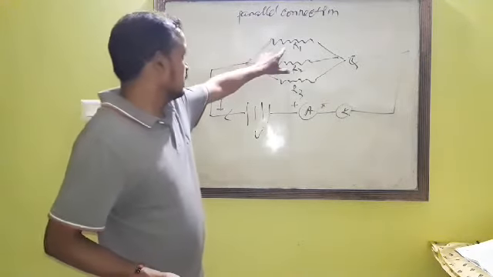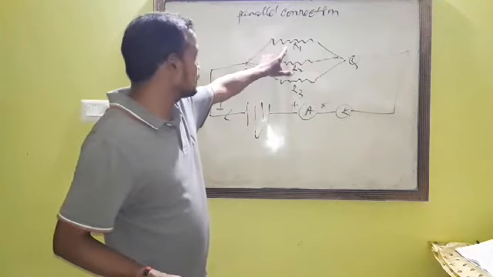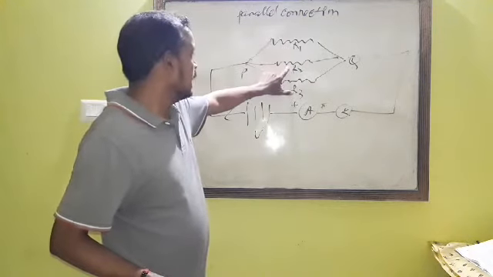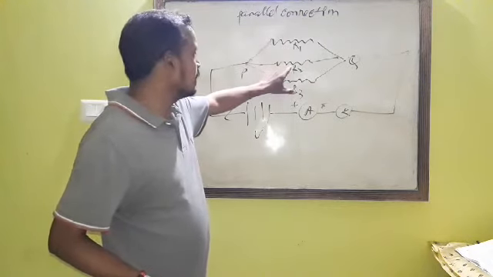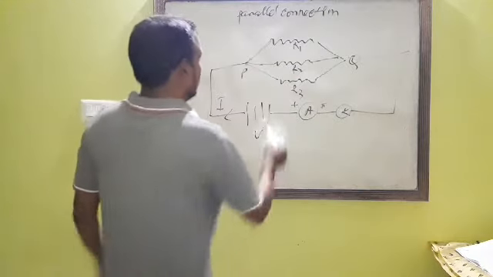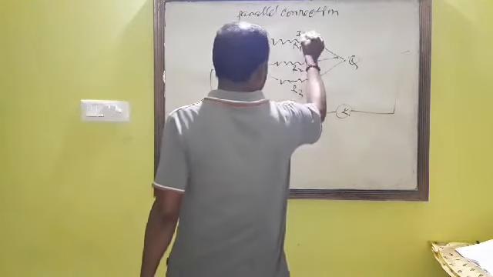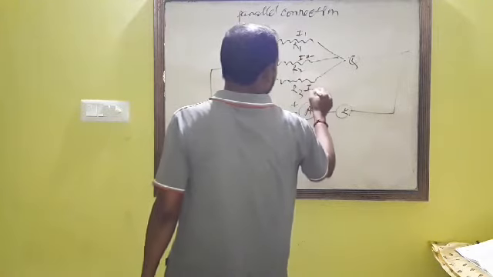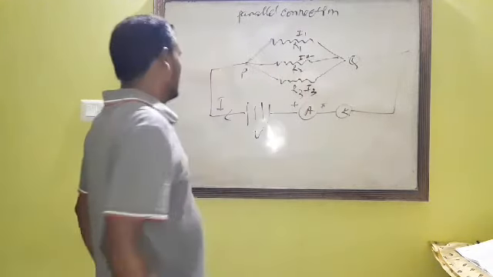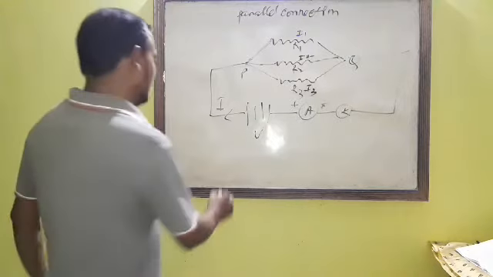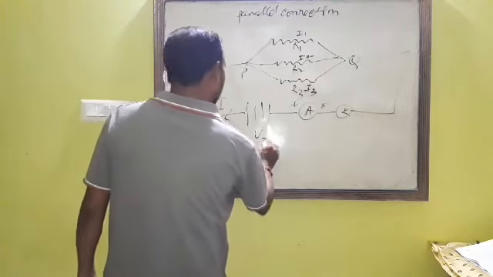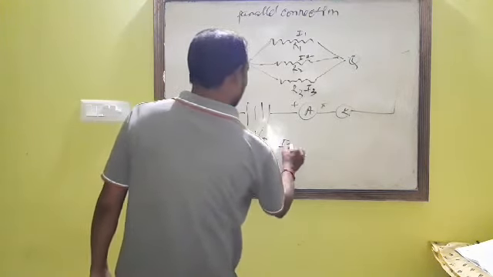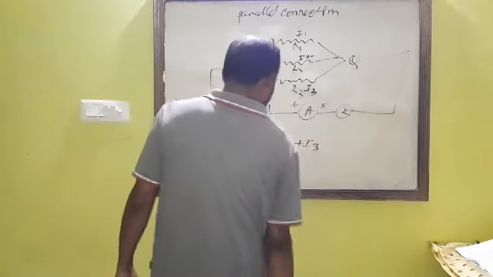So the current flowing through R1 is not equal to that through R2 or R3. Here the current is I1, here I2, and here I3. So the net current in the circuit is I equal to I1 plus I2 plus I3.